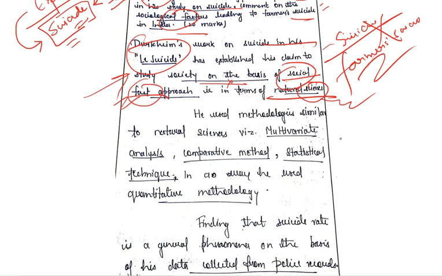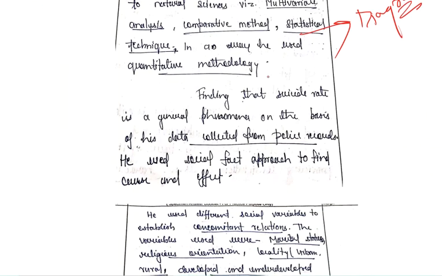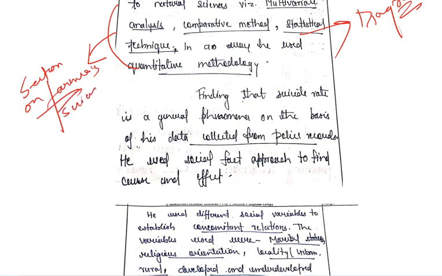He used methodologies like this, so you can represent it diagrammatically. That will improve the presentation of the answer and might also help you save time and space. Also, whatever terms you have mentioned here, make sure you incorporate them in the section on farmer suicide that comes later on in this answer.